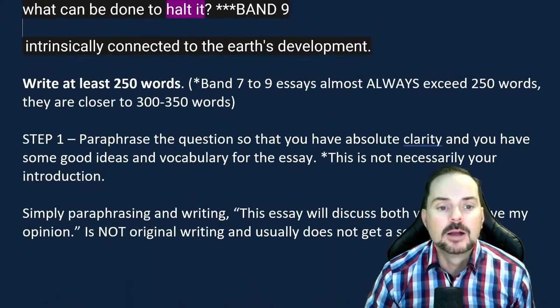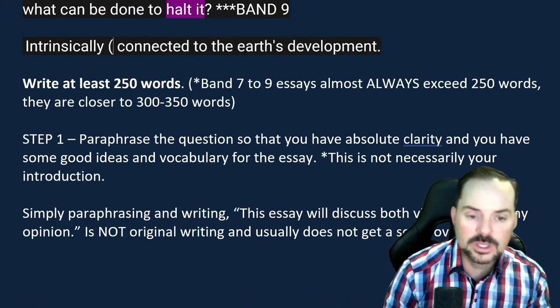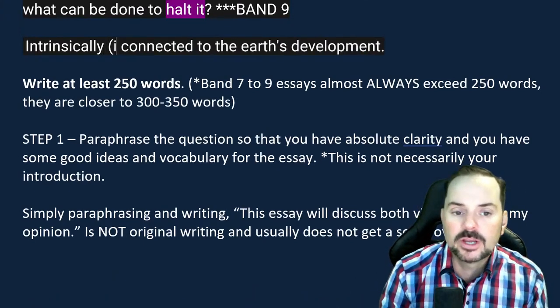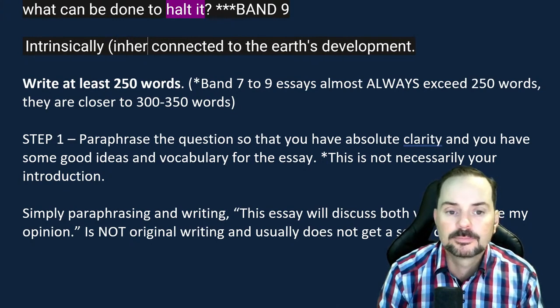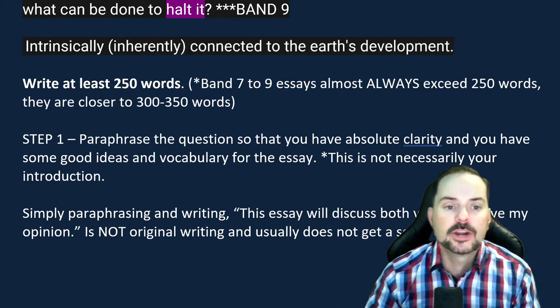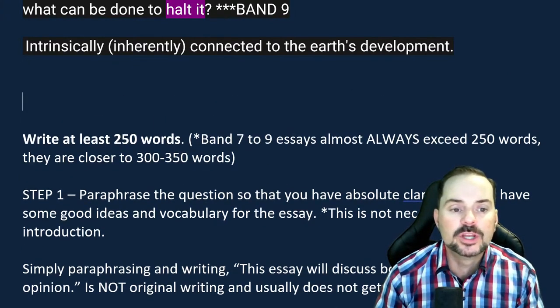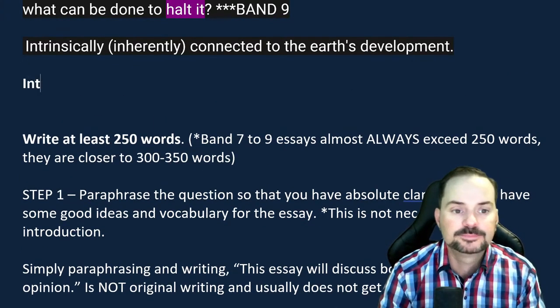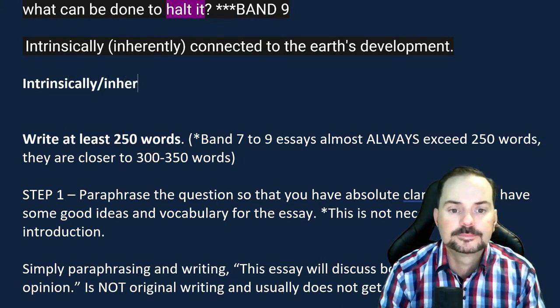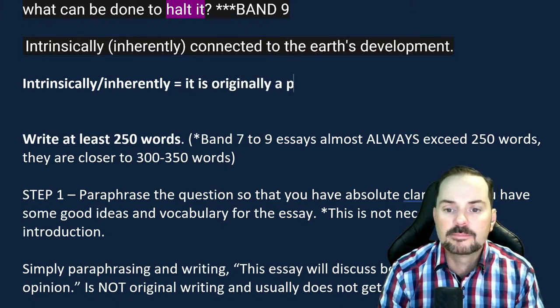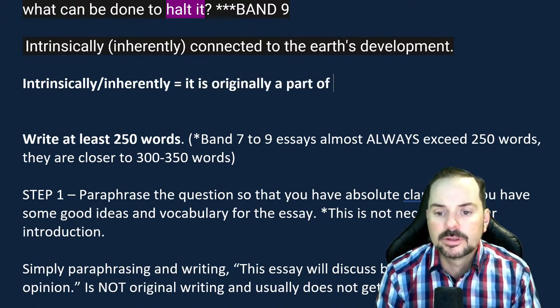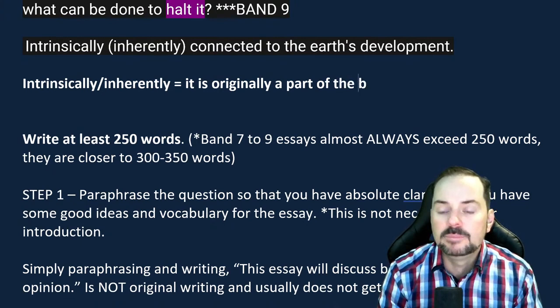Intrinsically. Or another word we could use here, Rajveer, as well, it might be in your head, is inherently. Okay, inherently. So intrinsically and inherently means that it is originally a part of the being.